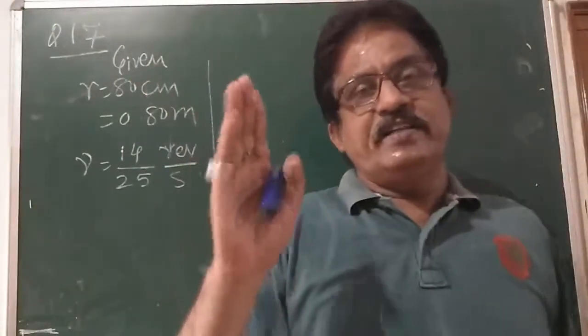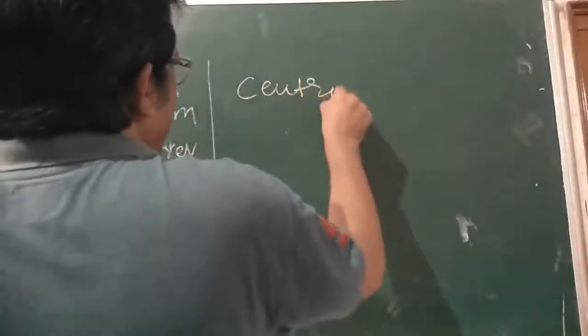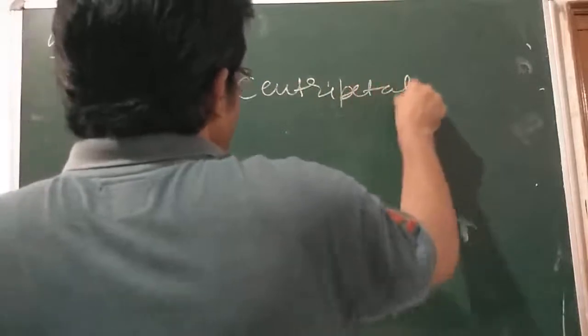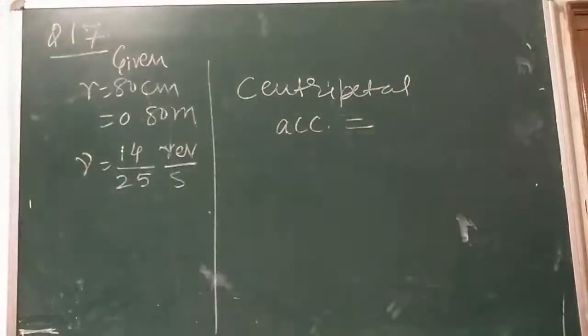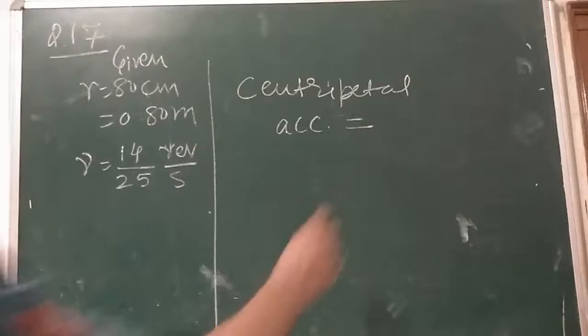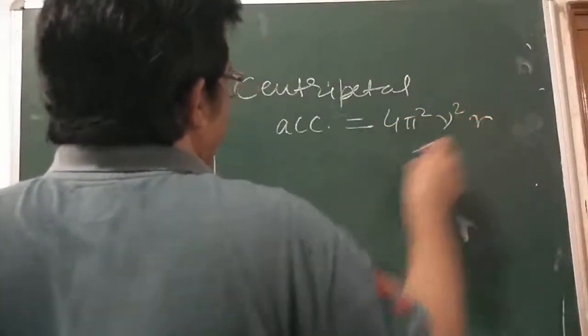The centripetal acceleration is 4 pi square nu square into R.